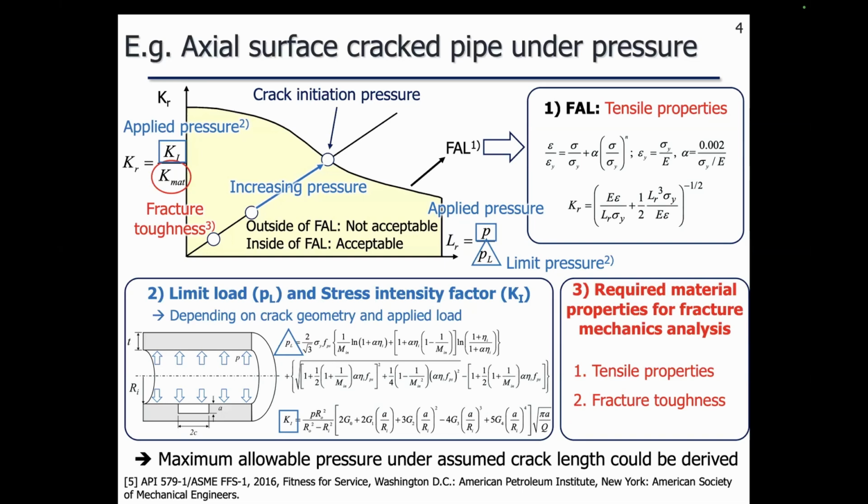In this study, we called it the maximum allowable pressure. As a result, for the failure assessment of the cracked pipe, the tensile properties and the fracture toughness are required. Also, in the case of a hydrogen embrittled cracked pipe, the degraded tensile properties and fracture toughness are required.